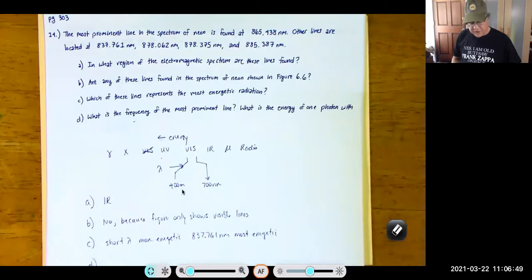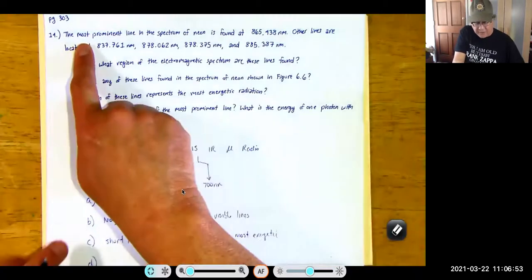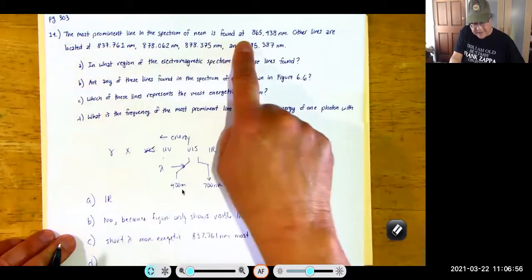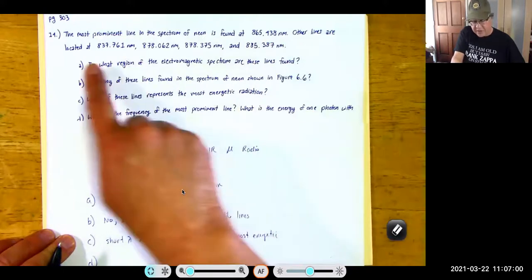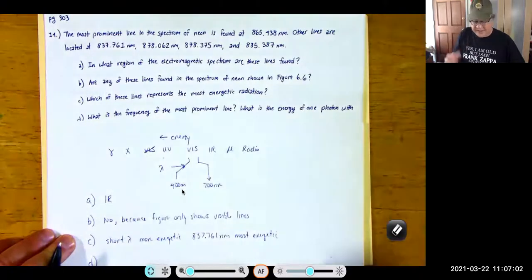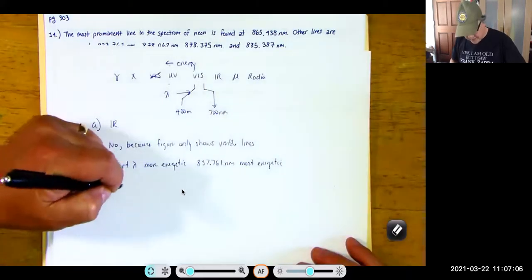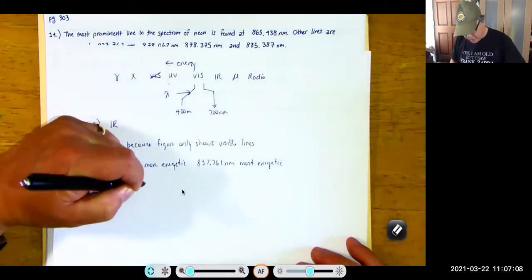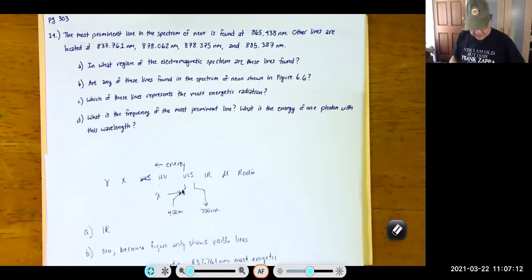What is the frequency of the most prominent line? So here we have to read carefully and see that the most prominent line is 865.438. Not the most energetic, the most prominent. So that's the one that you see the best. So the wavelength is 865.438 nanometers, and we're asked for the frequency.